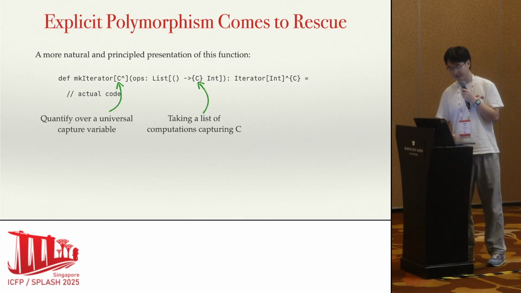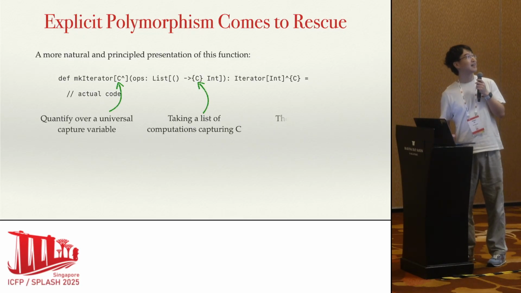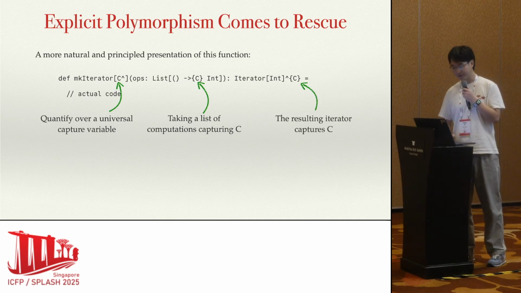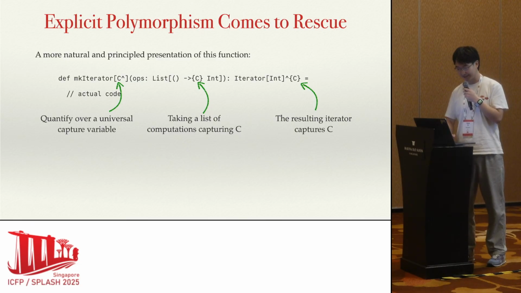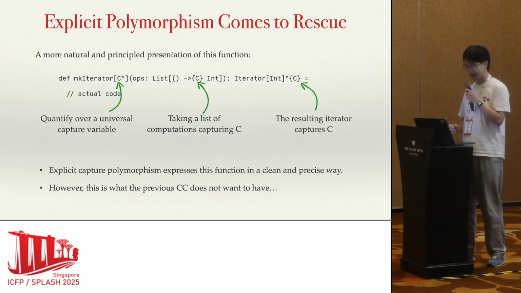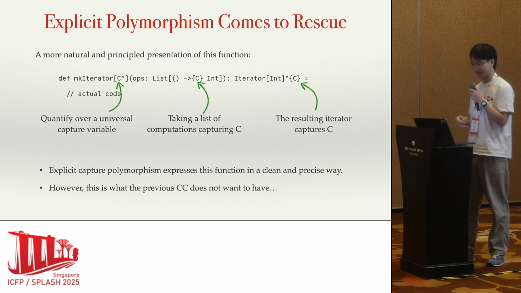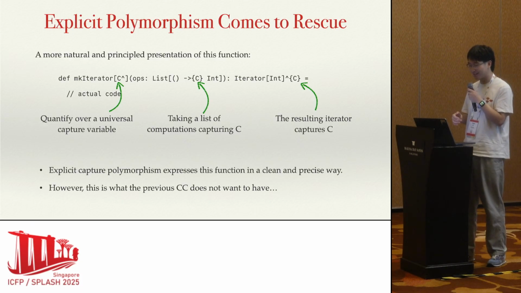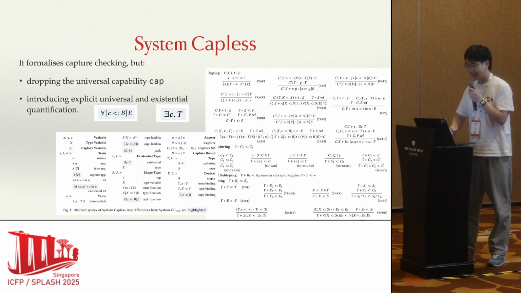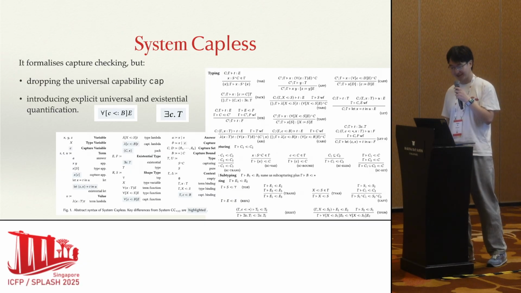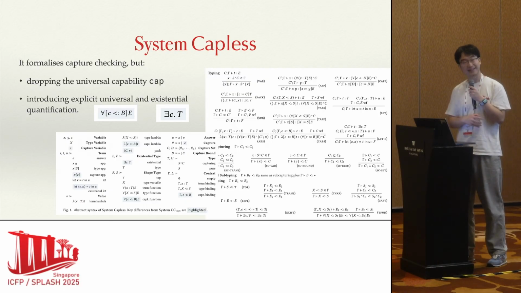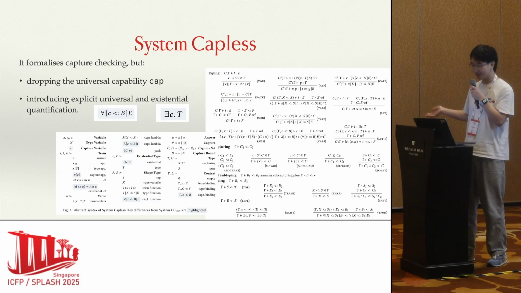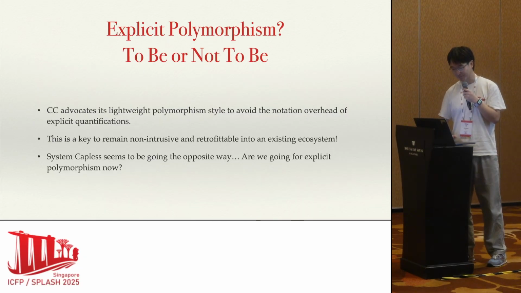Here, we can universally quantify a capture set, and then the resulting iterator will be capturing this universal capture set C, which is precisely what it is. Explicit polymorphism provides a clean solution to this problem, but this is what the previous CC doesn't have. That's why we now have System Capless, a new formalization of the capture checking approach, which drops the universal capability cap and instead introduces explicit quantification, both universal and existential.